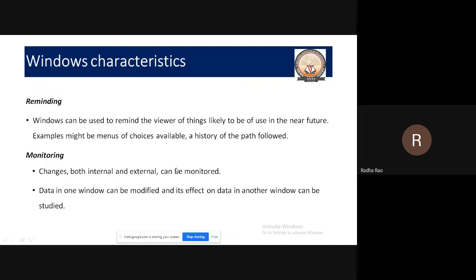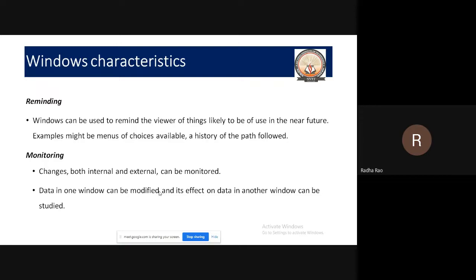Monitoring. We can monitor both internal and external changes that are being updated to the window. For example, data in one window can be modified. That will affect the data in another window. We can check it. If I do some changes in the first window, that has to be reflected in the second window.